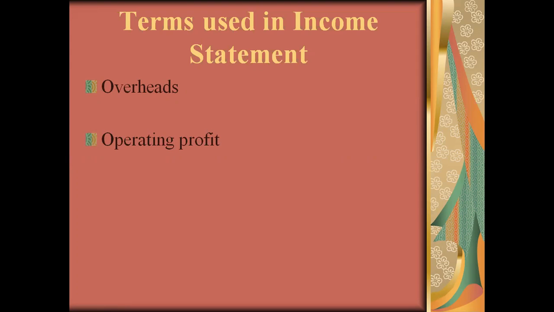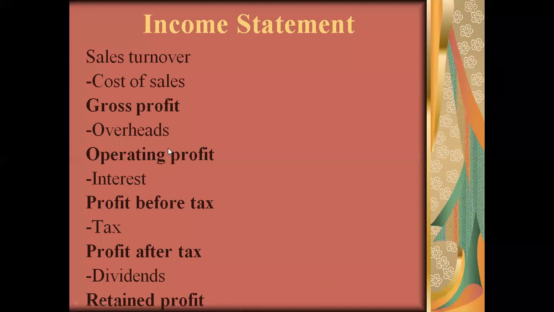Operating profit, again, you need to understand. Operating profit means that after subtracting all your operating expenses, whatever profit you get, we call it operating profit. Let me go back. Here you can see operating profit, because you subtract all expenses from there, but these are all operating expenses. Now, what are operating expenses? Those expenses which are incurred to run the business activity.